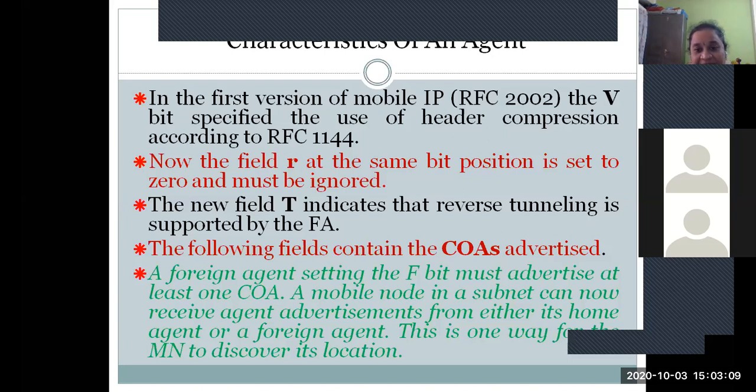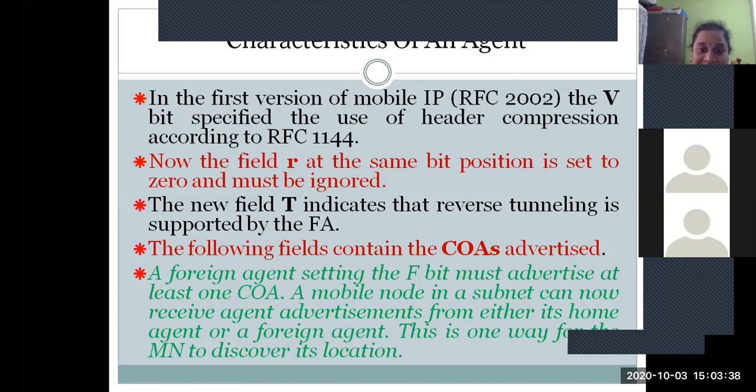So now the field R at the same bit position is set to 0 and must be ignored. At that moment, whenever the corresponding agent is only forwarding the IP data, not the mobile IP data, then R will be set to 0 and can be ignored. Otherwise, if that particular V bit is not set, R is going to be set to 1, indicating that mobile IP communication is going on.